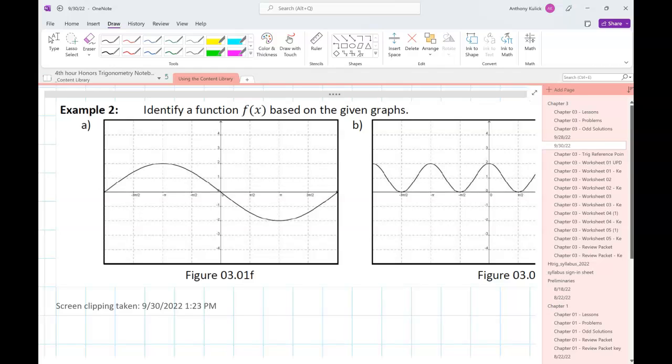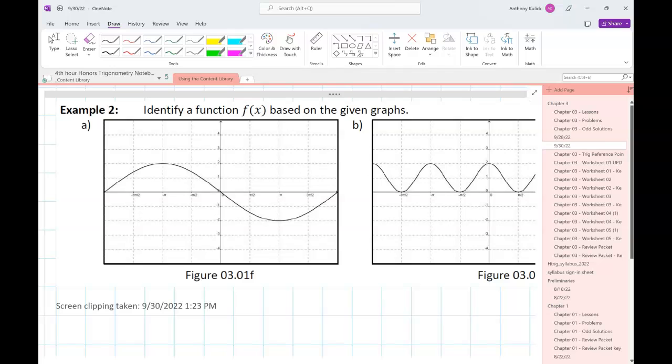The tools that I'm going to use for this are going to be those key attributes that we talked about yesterday. So I'm going to use the midline and the amplitude and the period, and then the idea of that transformation map to figure everything out. Everybody okay with that plan?